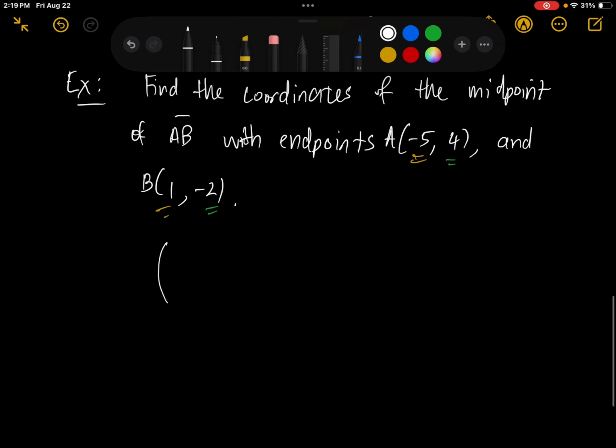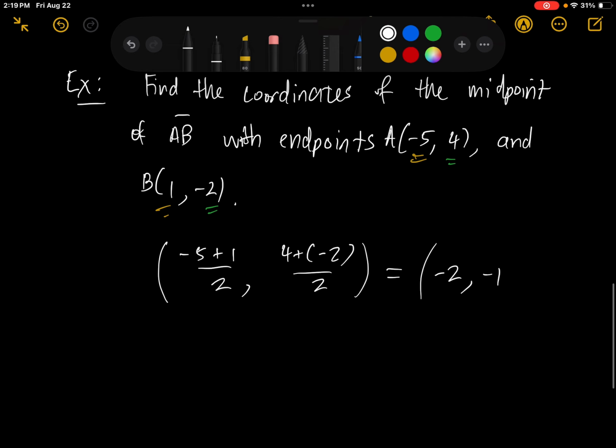So the midpoint is going to be (negative 5 plus 1 over 2, comma, 4 plus negative 2 over 2). Negative 4 over 2 is negative 2, and 4 minus 2 is 2, divided by 2 is 1. So these are the coordinates of the midpoint: negative 2, comma 1.